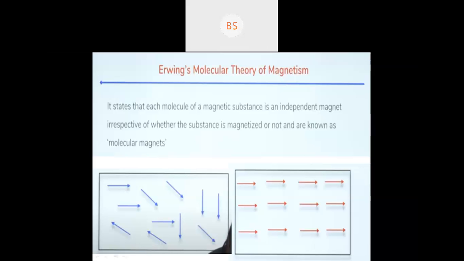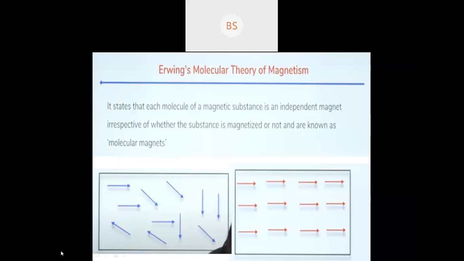Without magnetic induction means until you bring a magnet near to the magnetic material, that material doesn't behave as magnetized. If you keep one iron rod in a room without a magnet nearby, it doesn't behave as magnetized.